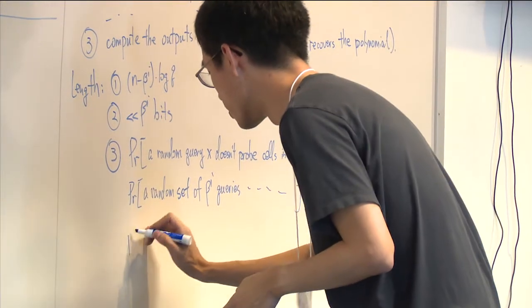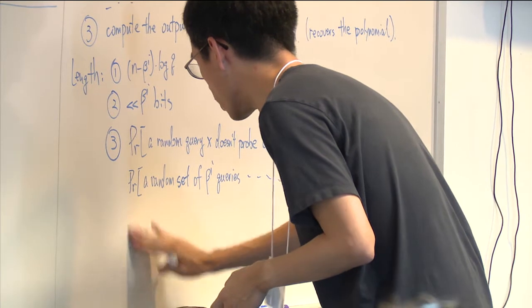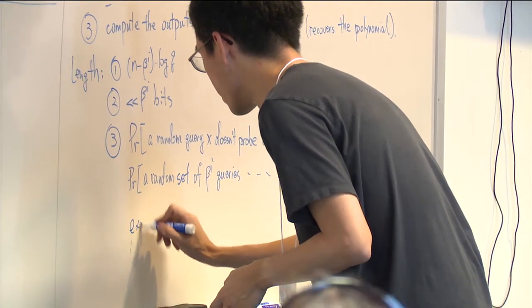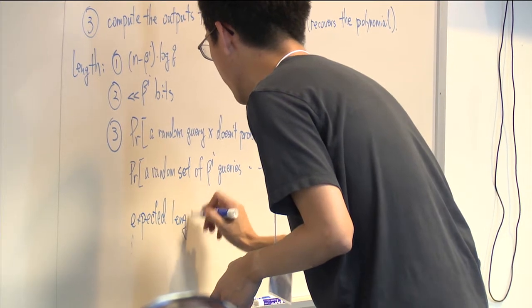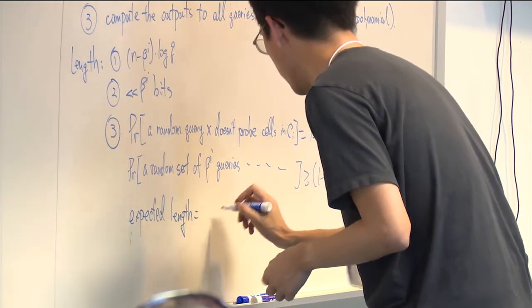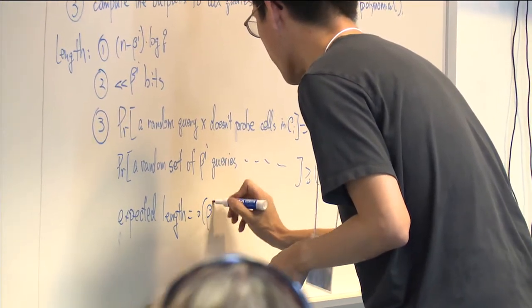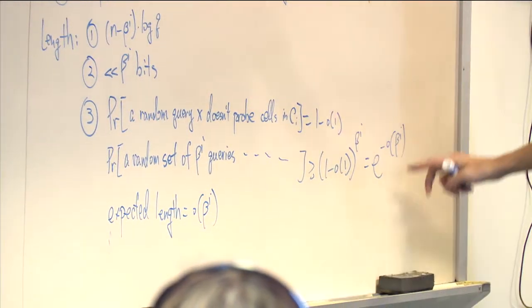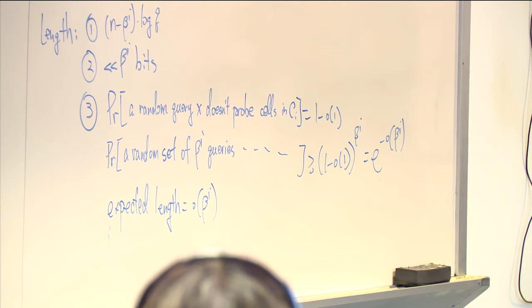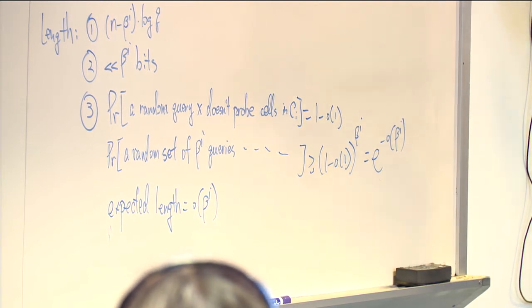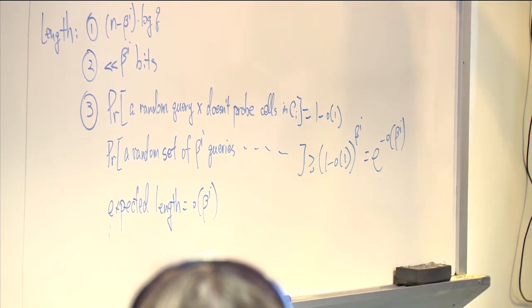So the expected length of encoding is lambda of beta to the i. So roughly at exponential in beta to the i samples in this public random bits, we will see one such good set of queries.